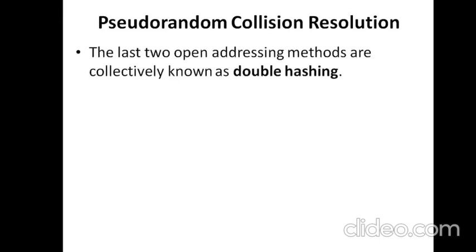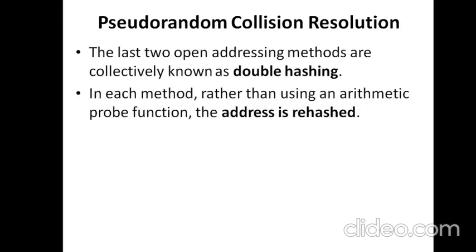The previous techniques are called double hashing, because the same address is rehashed. So whenever there is a collision, we use the old address to find a new address. All these schemes which we so far discussed are basically double hashing algorithms.